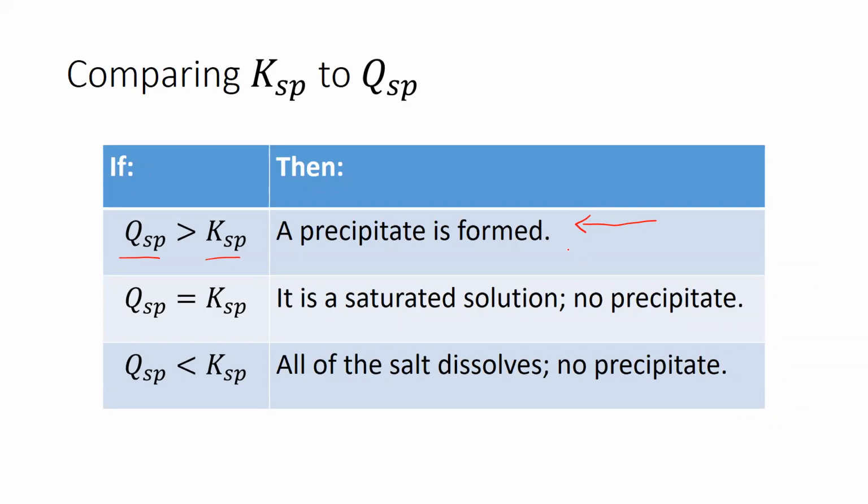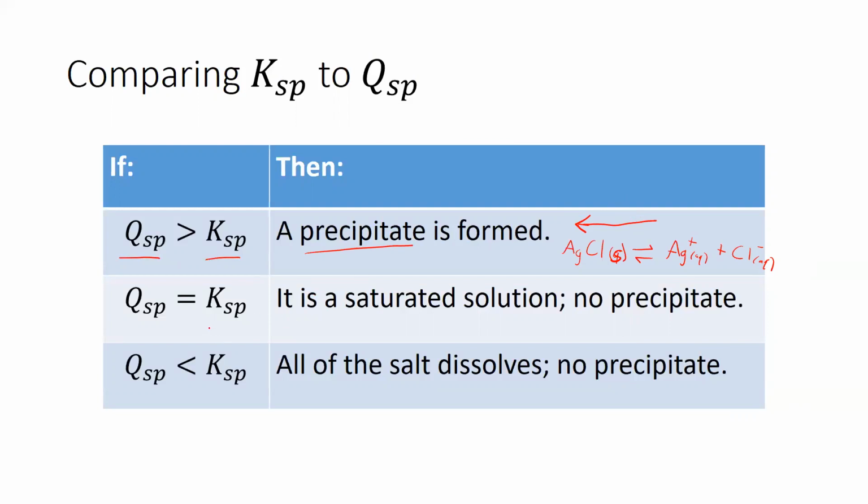An example being silver chloride, because remember, our solubility equilibria are always written such that the solid is on the left and the ions are on the right. So if Q is bigger than K, it pushes the reaction backwards to make more of the solid. In other words, that's where you have a precipitate.